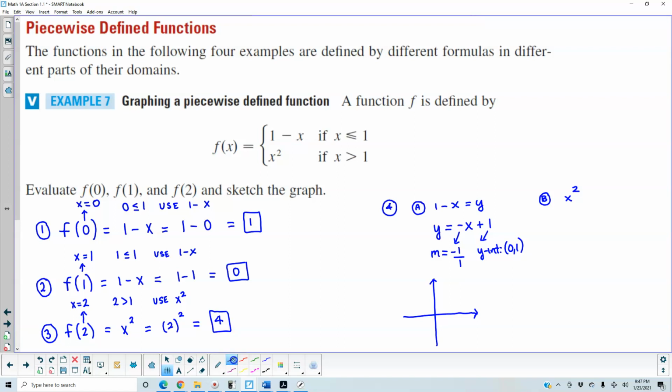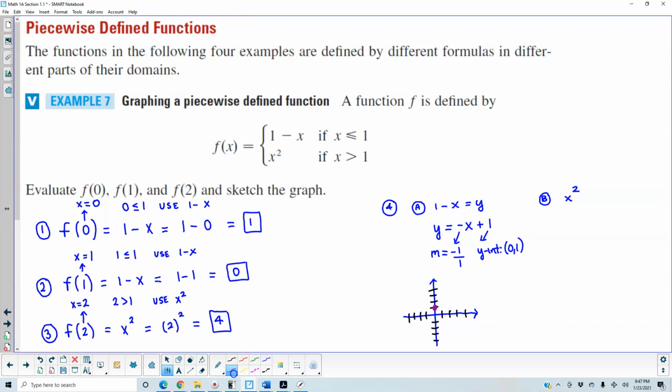Let's see here, we'll graph this. So we're first going to draw our y-intercept, which is (0, 1).